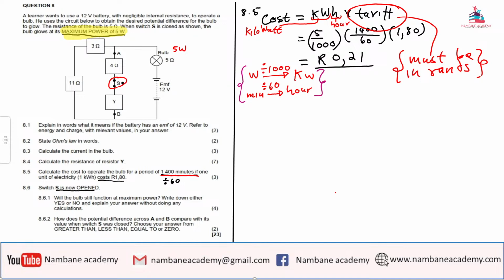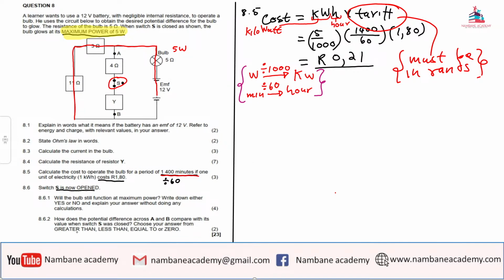So if S is open, what does this say? It says the current will move and just move there. So it basically says we are only having resistors in series. Can you see that, ladies and gentlemen?